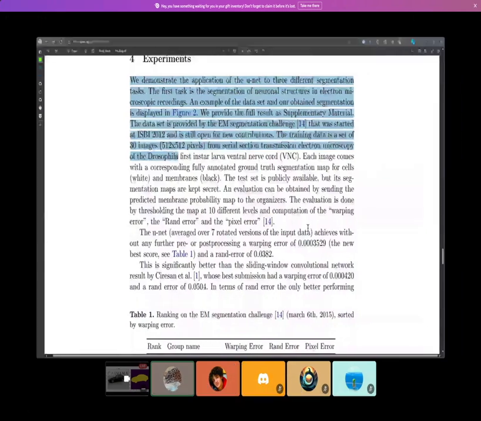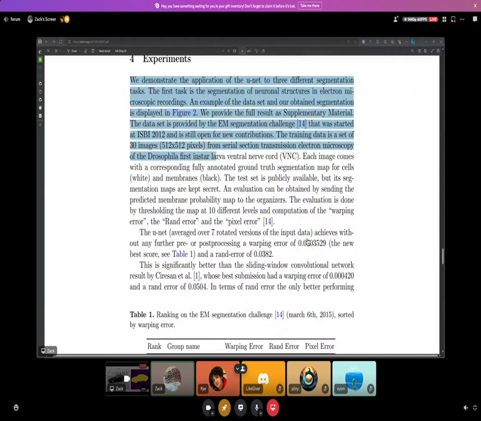The training data is a set of 30 images, 512 by 512 pixels, from serial section transmission electron microscopy of the Drosophila first instar larva ventral nerve cord.